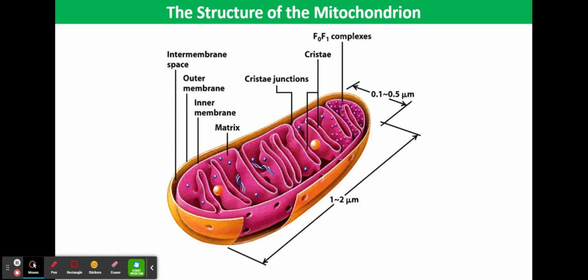The mitochondria may be rod-shaped, thread-like, or spherical, with diameters usually of 0.5 to 1 micrometers and lengths of 2 to 5 micrometers, but occasionally they can be up to 10 micrometers in length.